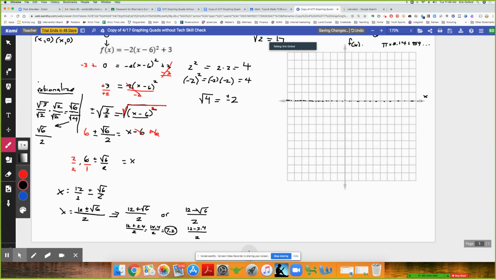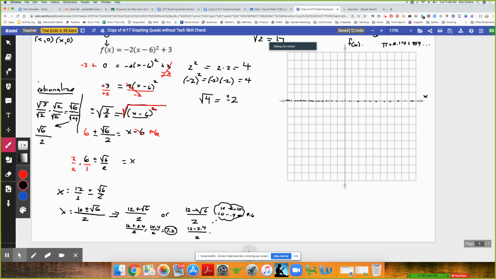And then if I did 12 minus 2.4, well, 12 minus 2, let me think about this. We'll do a little thought bubble up here. Okay, 12 minus 2 is 10. But my 2 doesn't look very good there, but that's a 2. And then I have to minus 10 minus 0.4. Well, that's 9.6.